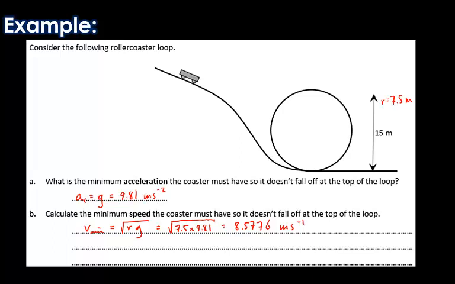It should really be to two significant figures, so I'll say which is equal to 8.6 meters per second to 2 SF.